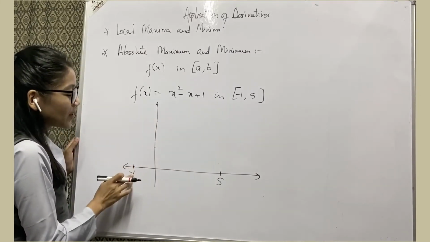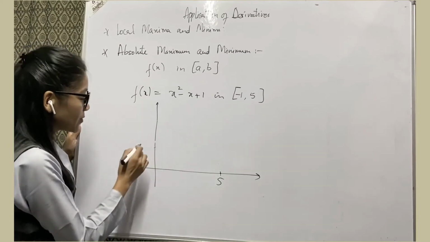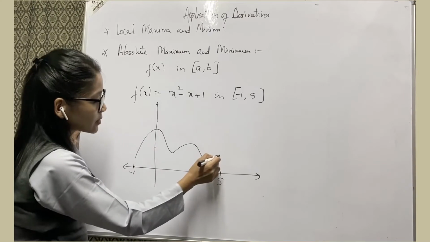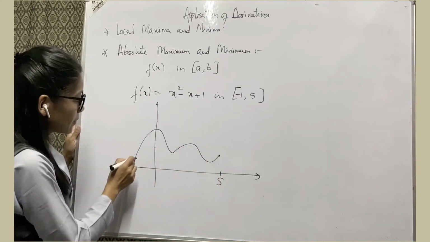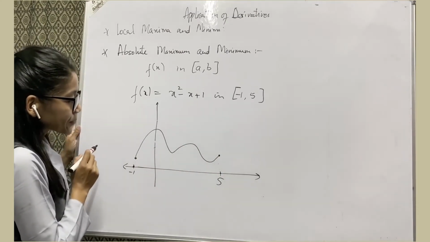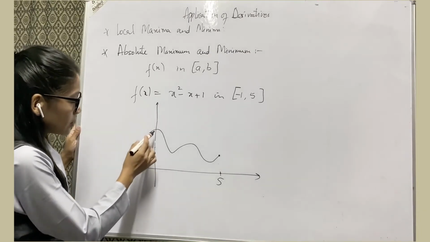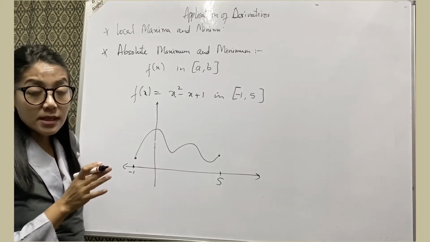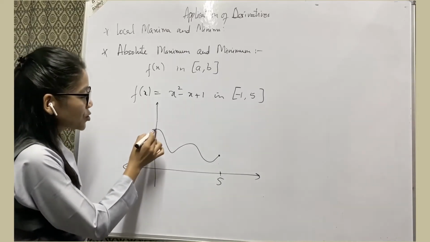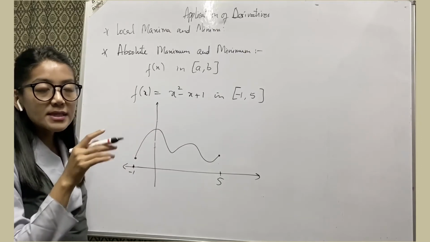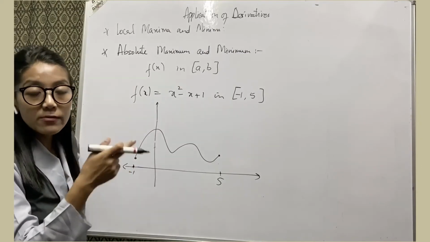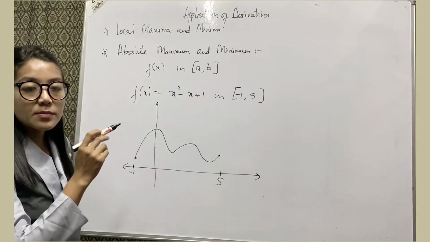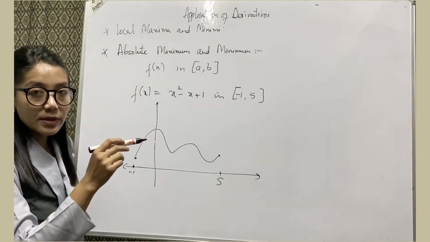So in the interval negative 1 to 5, if the function is somewhat like this, then we can see that if the function is neither increasing nor decreasing, the function will have at least one critical point, because the function has to change its behavior somewhere. Neither increasing nor decreasing means increasing and decreasing both should happen in that interval.